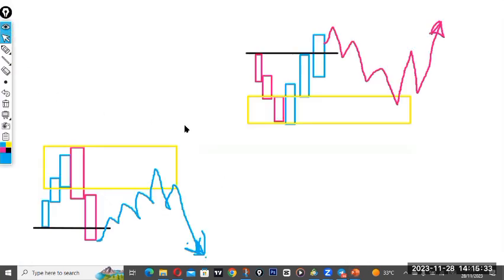Right before us here, we have two types of order block. The first here is the bullish order block, and then the second will be the bearish, which we have here.